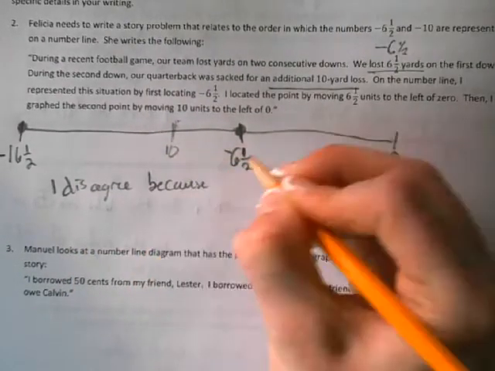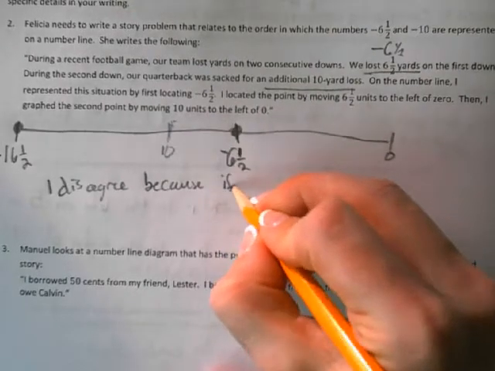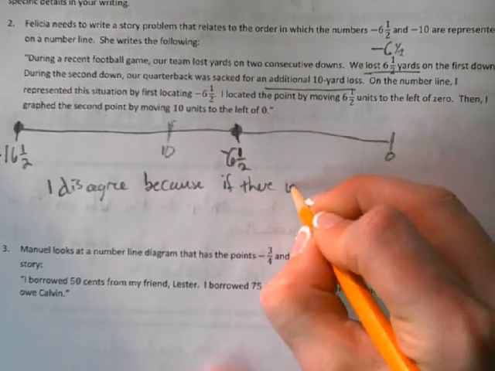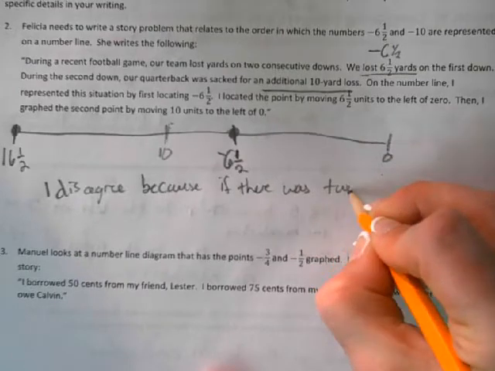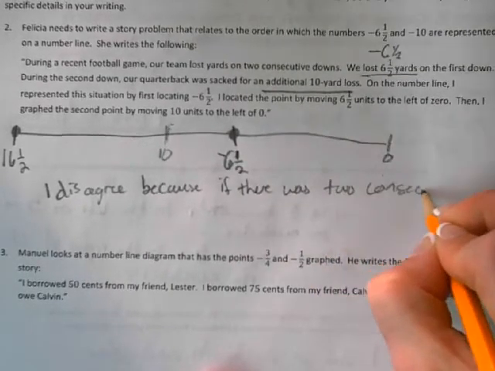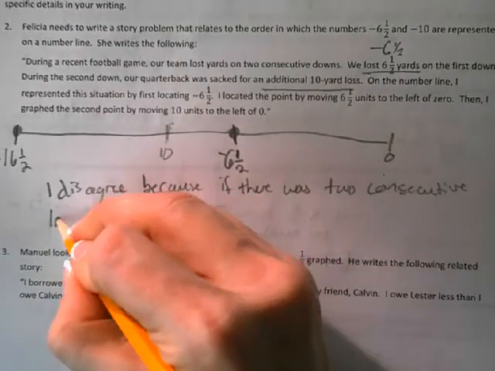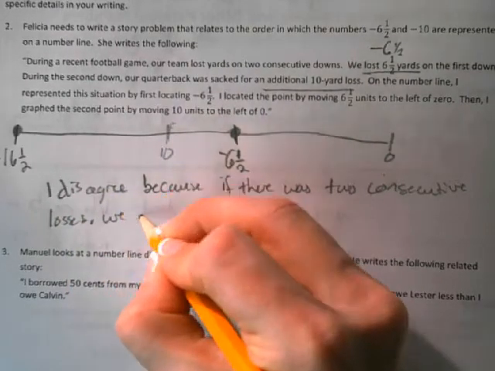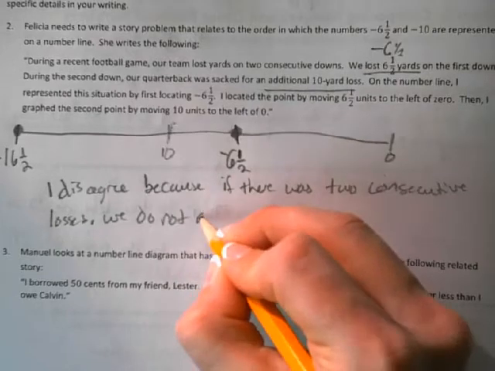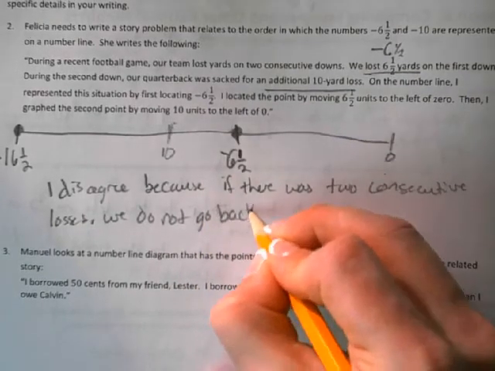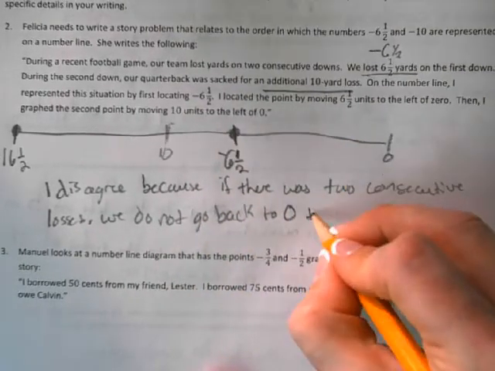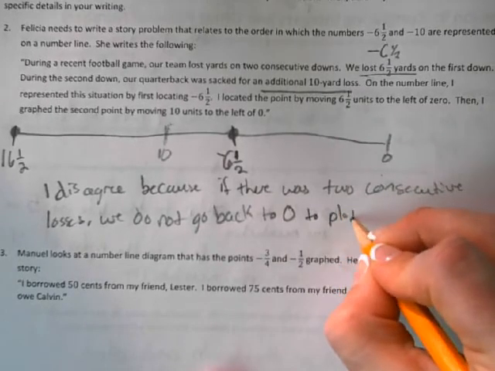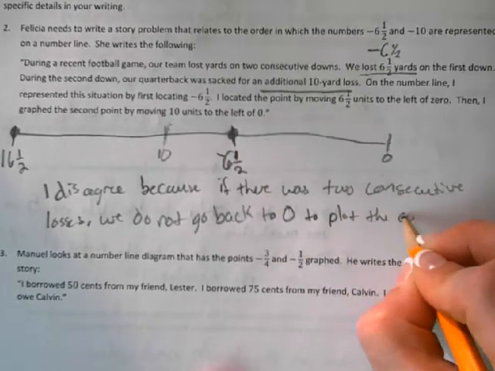because if there were 2 consecutive losses, we do not go back to 0 to plot the second loss.